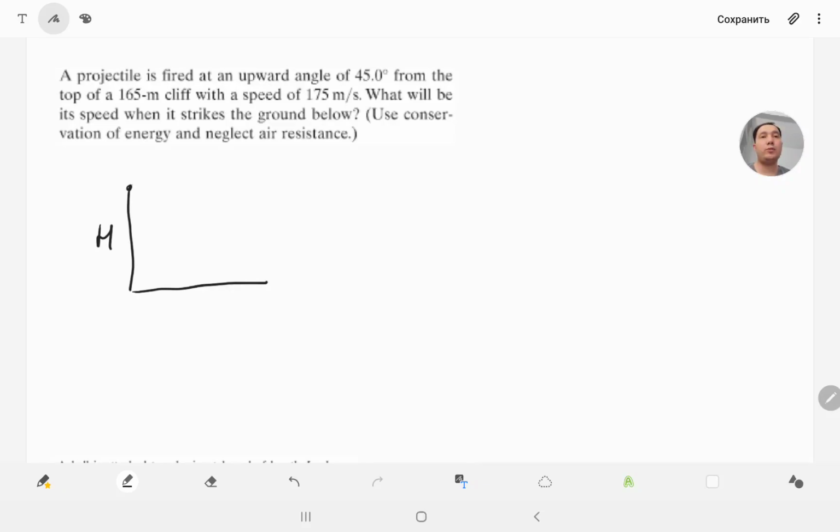This is the initial point. It was fired in this direction with velocity V0 at angle alpha, and this is the trajectory. It will reach the ground at this point. We need to find the velocity just before striking the ground, so let's call it V2. This is the initial point and this is the final point.